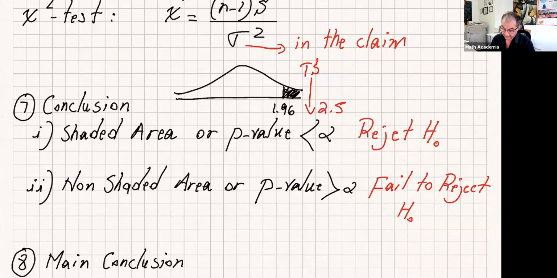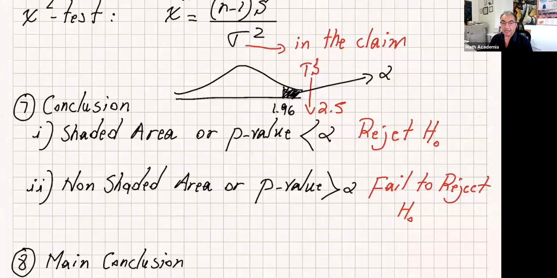If the test statistics is in the non-shaded area, that means you calculate it somewhere here, non-shaded area, or the p-value is greater than alpha, and this area is alpha, then you say fail to reject H0.